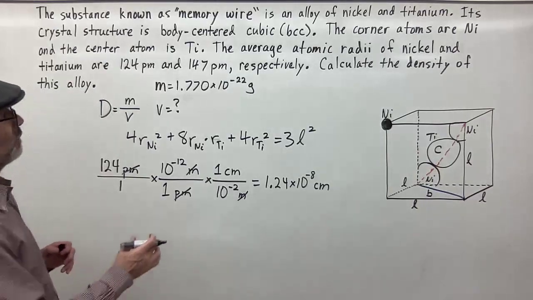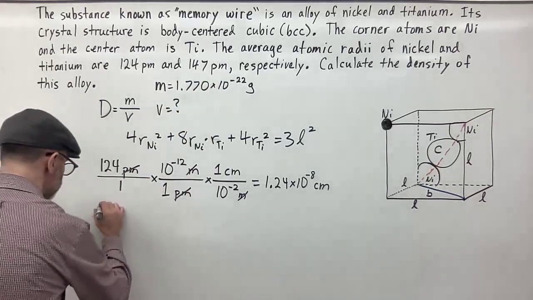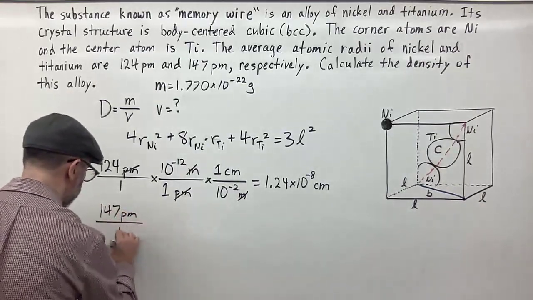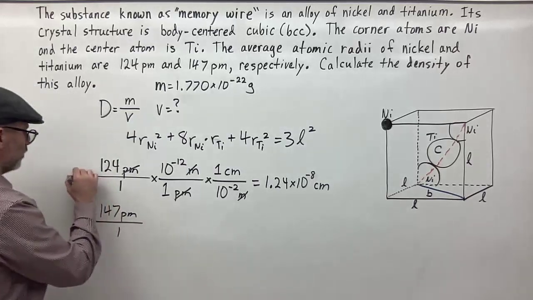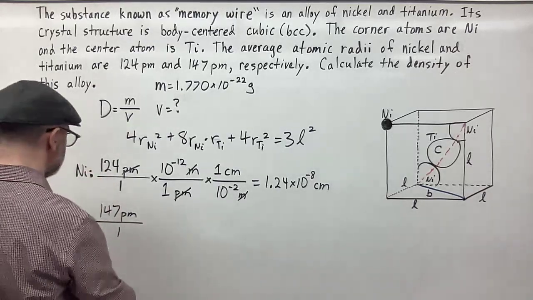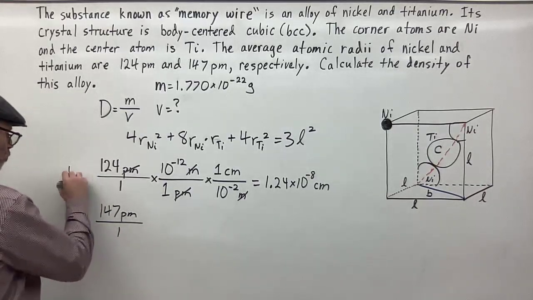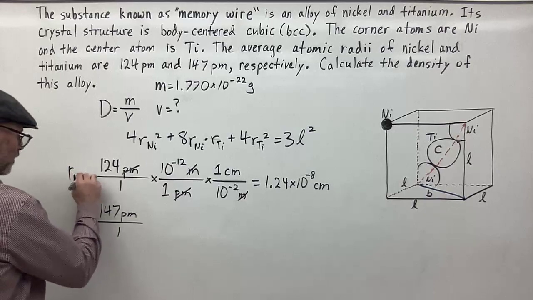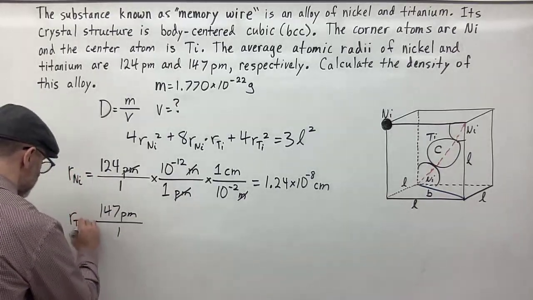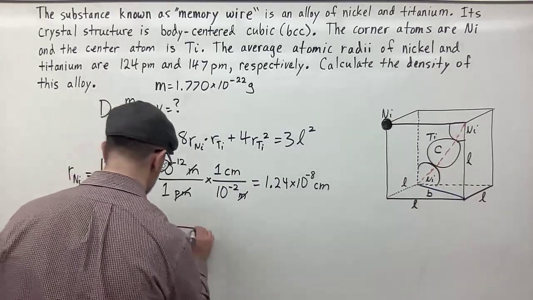And then I'm going to do the same thing with 147 picometers. So again, 147 picometers over 1. And by the way, this is nickel. We're talking about nickel here. So this is the radius of nickel. So the radius of nickel is equal to that. Here we have the radius of titanium is equal to that. We're going to convert to meters first.